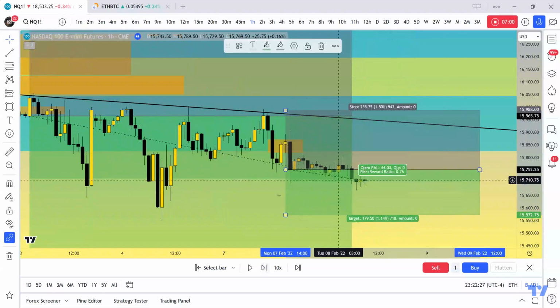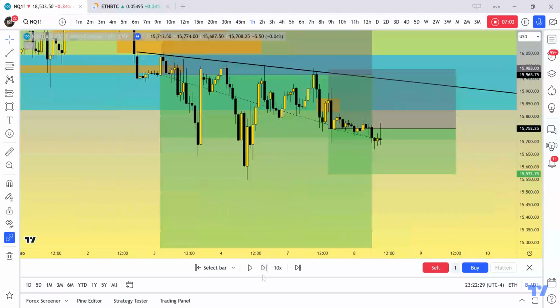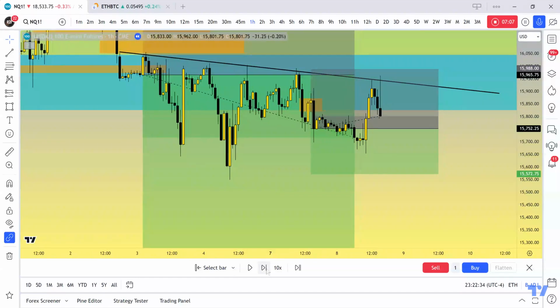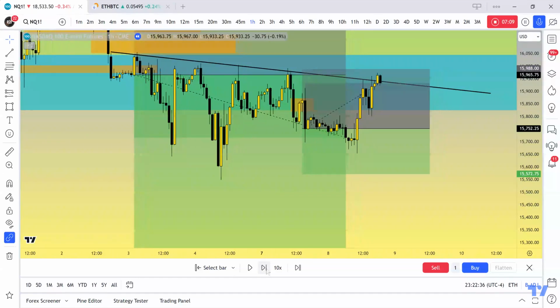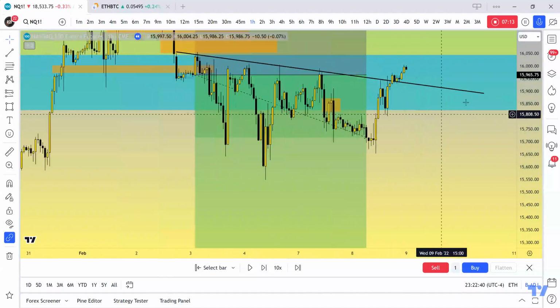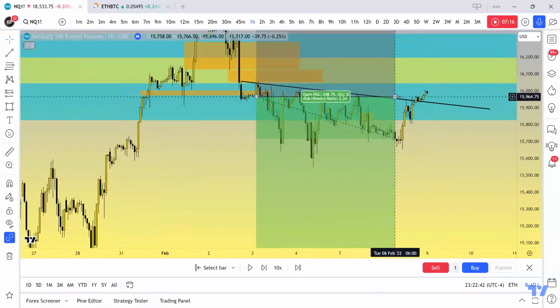Okay. Not much of an expansion, which worries me, but let's see where our draw on liquidity is. Okay, this one got stopped out, but let's see if this one holds.